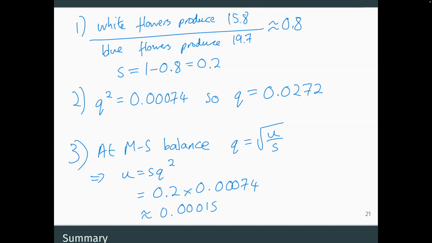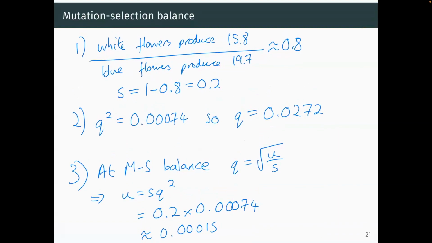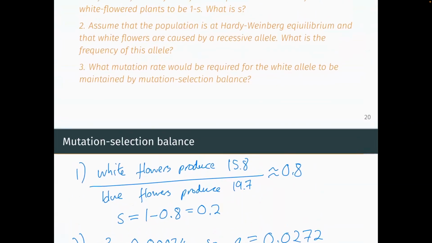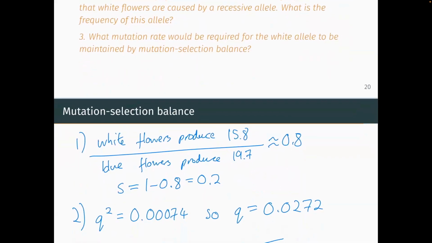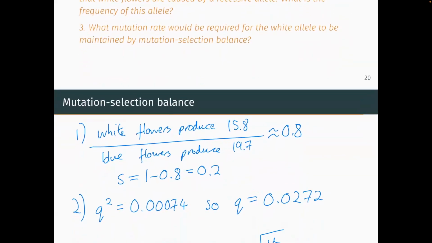Okay? Yes. Could you explain one again? Yes, sure. So we're asked to find, so we're told to define the fitness of blue flower plants to be 1, and then white flower plants to be 1 minus S, and find this S. So our white flower plants, they're producing fewer seeds, right? So we can think about the relative fertility of white flowers versus blue flowers.